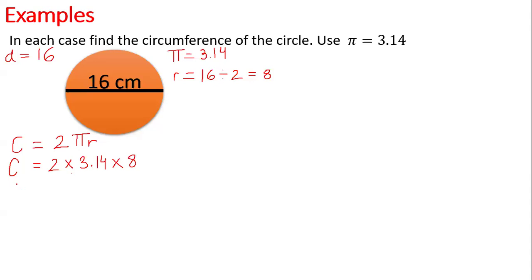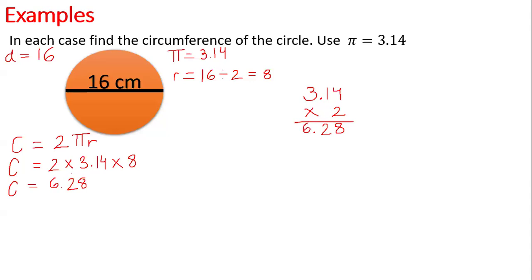And so we say that C is equal to 2 times 3.14, which is what? We should know that by now. 6.28. And we could always verify that: 3.14 multiplied by 2. 2 times 4 is 8. 2 times 1 is 2. 2 times 3 is 6.